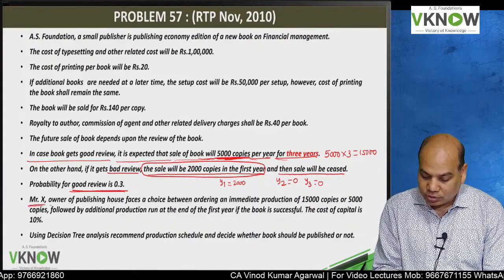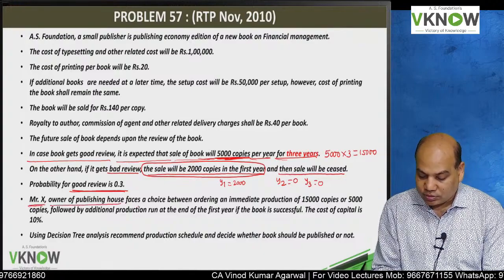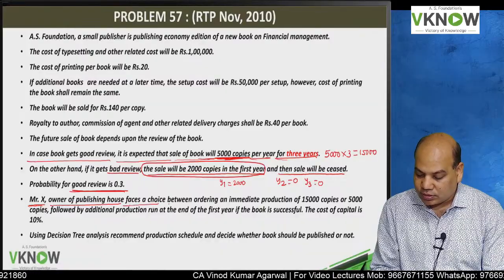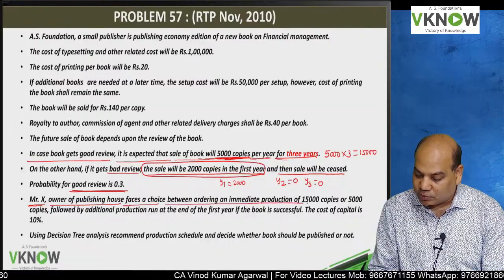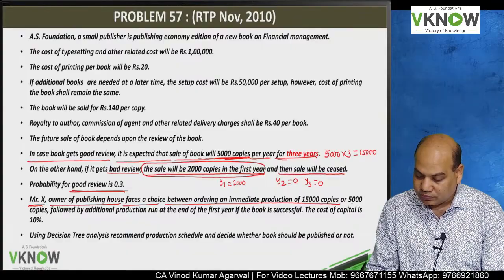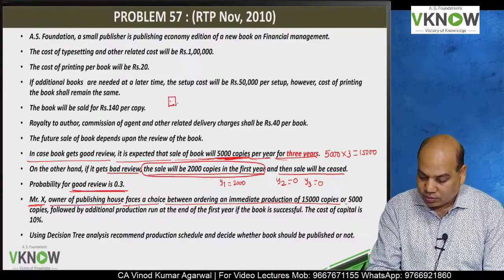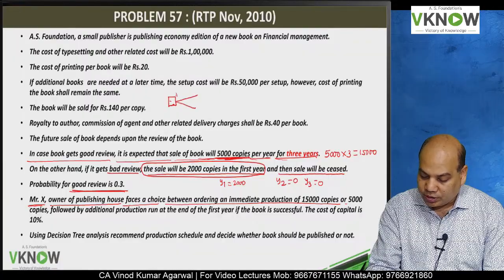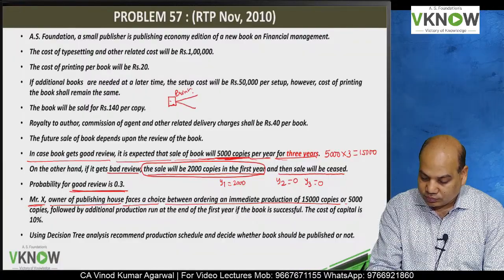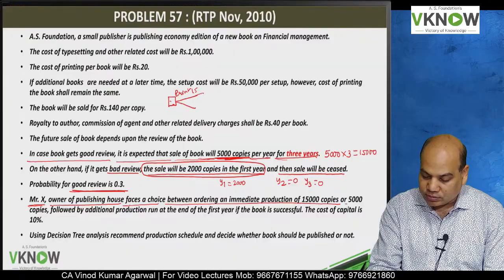Mr. X, owner of the publishing house, faces a choice between ordering an immediate production of 15,000 copies. So you have two options in this question. One is to print 15,000 copies.